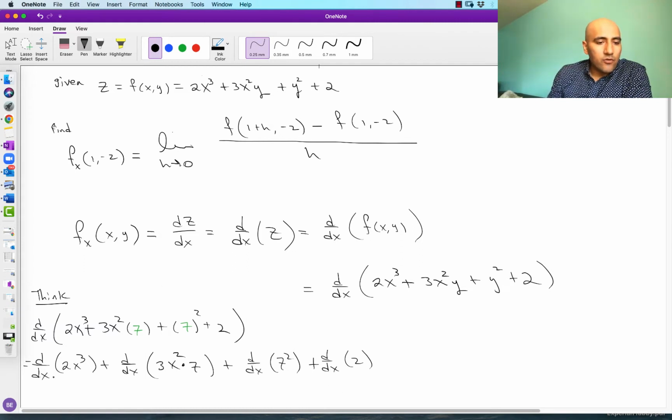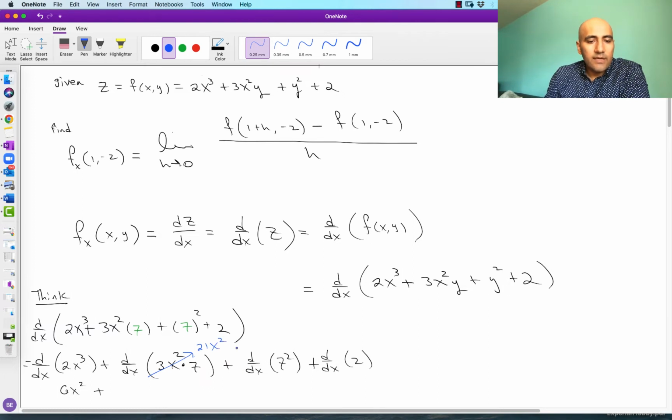Okay, and so now the derivative with respect to x on this first term is going to be 6x squared plus, well, 3 and 7, that's just really 21. This is equivalent to just rewriting this as 21x squared.